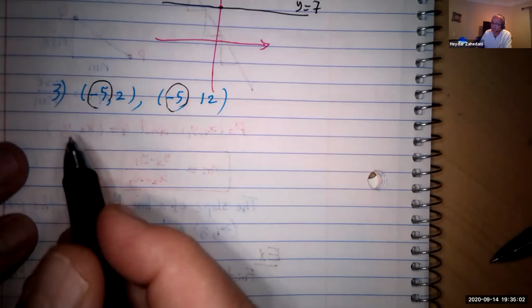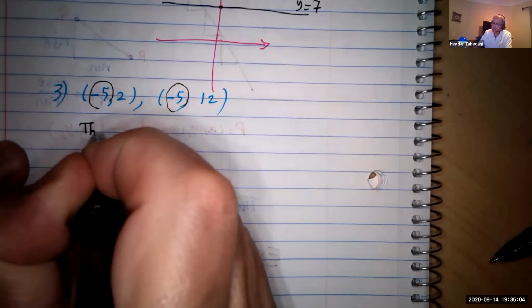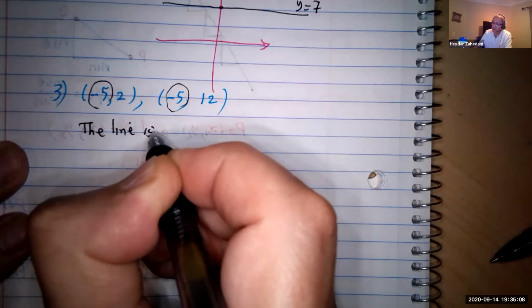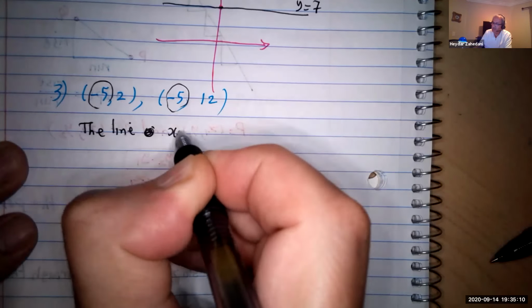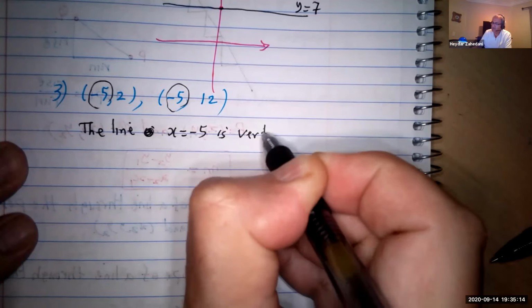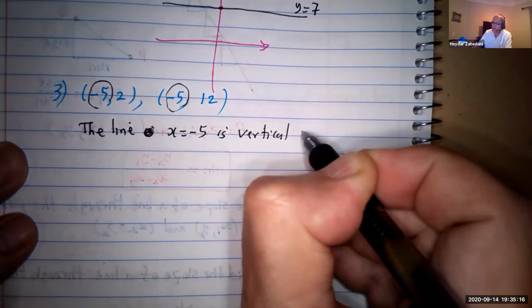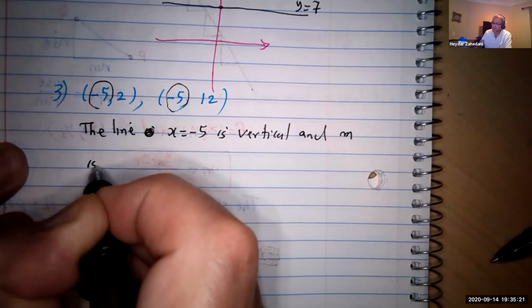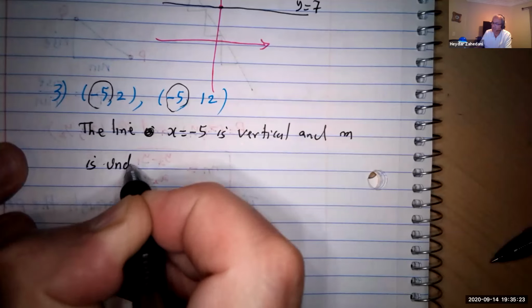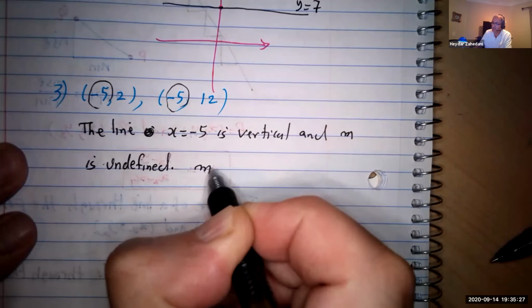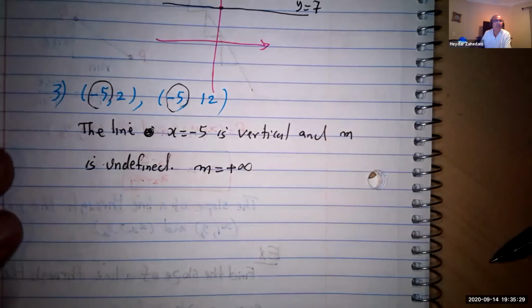So the line x equal to negative 5 is vertical and m is undefined. In fact, m is equal to positive infinity, if you like.